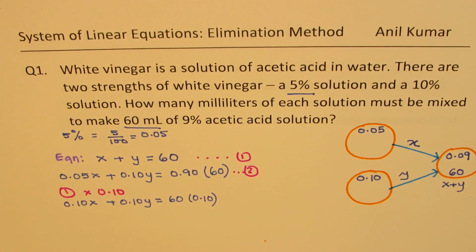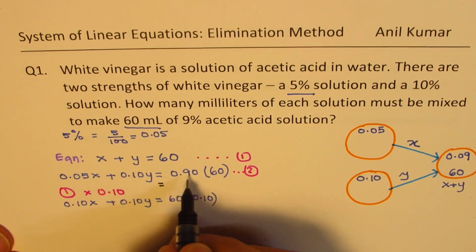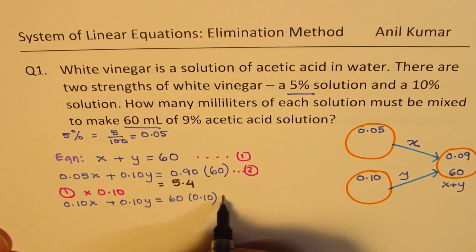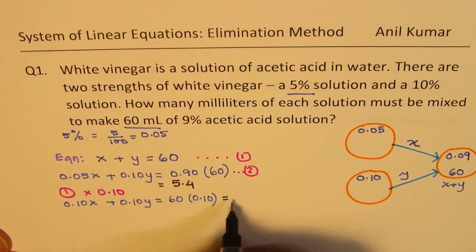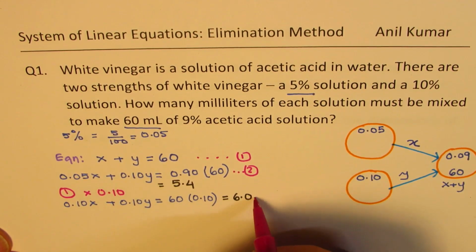Now 0.09 times 60 is 5.4. Just multiply. 9 times 6 is 54. I can write this as 5.4 and I can write this as 6.0. Clear? So we get these two equations. Let's call this equation number 3.